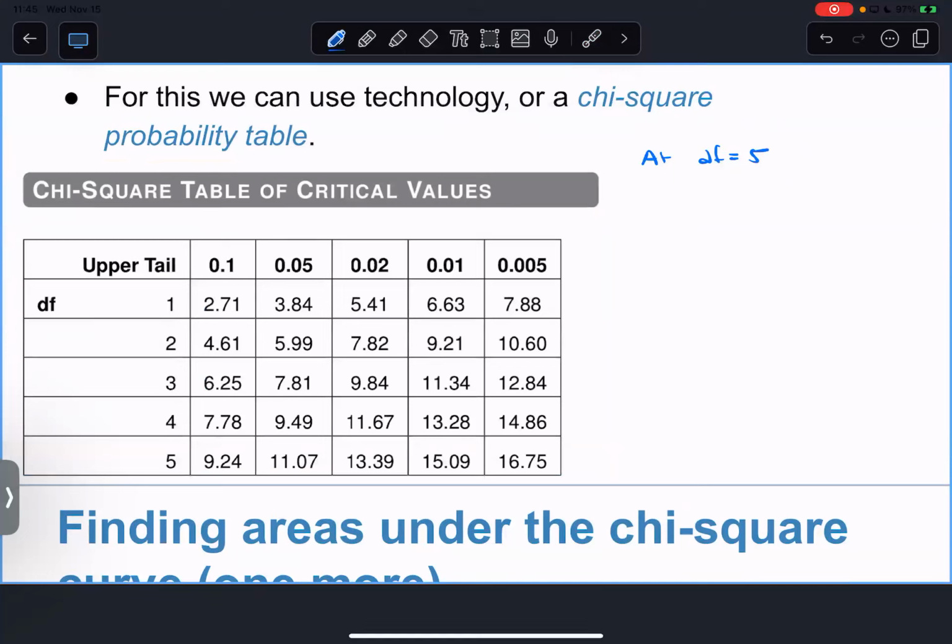I'm going to draw a generic chi-squared curve, which tends to look like this. I'll draw my axis first. It's skewed to the right, right? There's always a tail to the right. Maybe I should emphasize that.